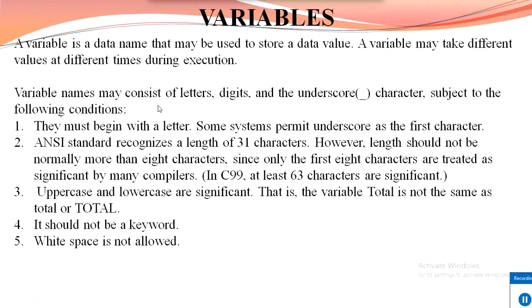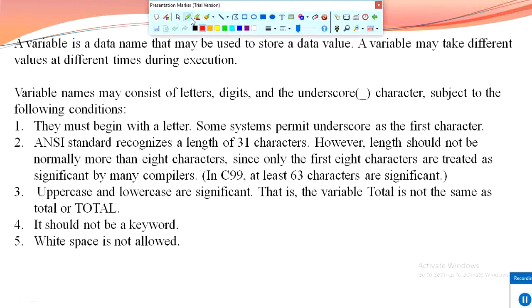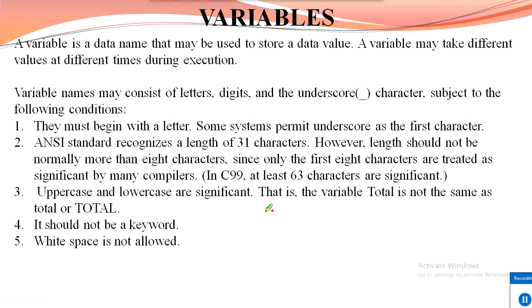Now variable. A variable is a data name that may be used to store a data value. A variable may take different values at different times during execution. We know in mathematics we write, let us assume, any number x or y or z, and the value of x and y varies with time.